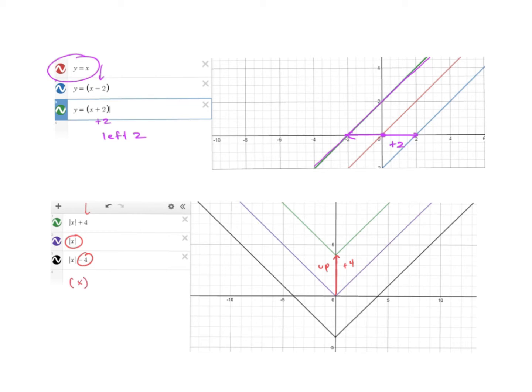Sometimes you see a function like this, but it could look like this. Even if you had something like this and you added to the outside of it, that would be a shift. So here, again, we have this shift down of -4. That's a visual of the shifts left or right, up or down.